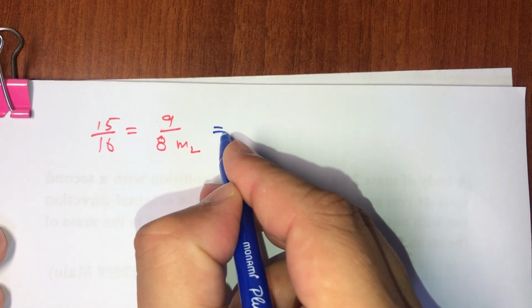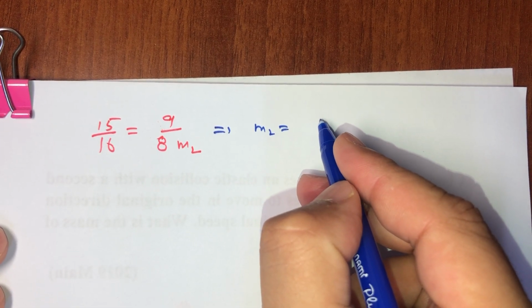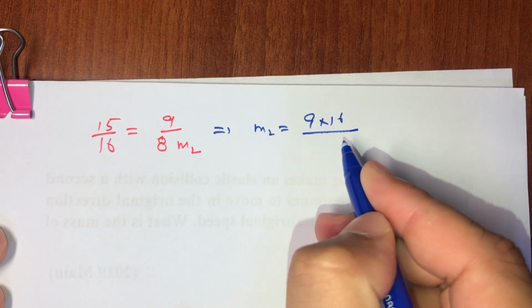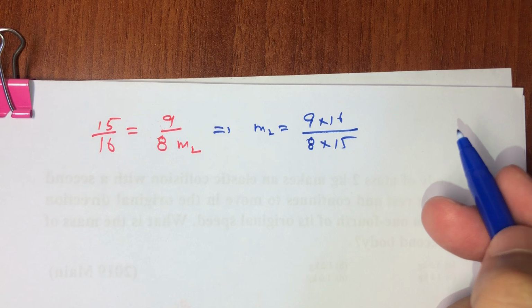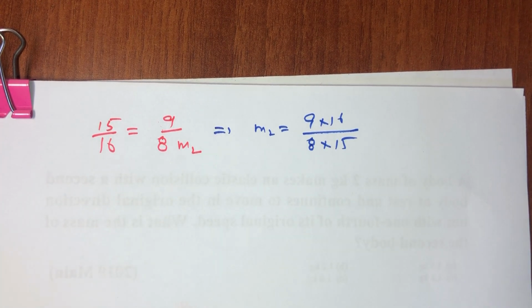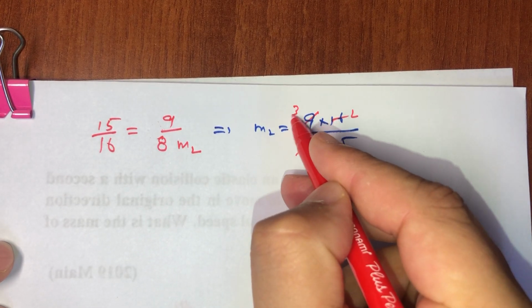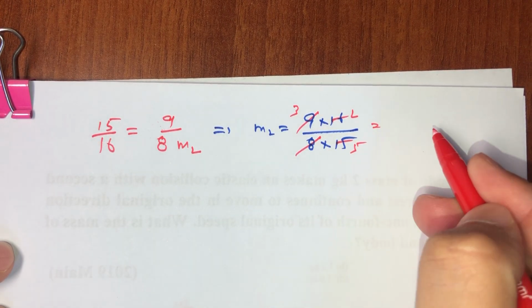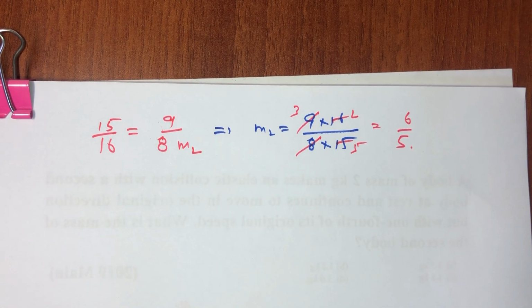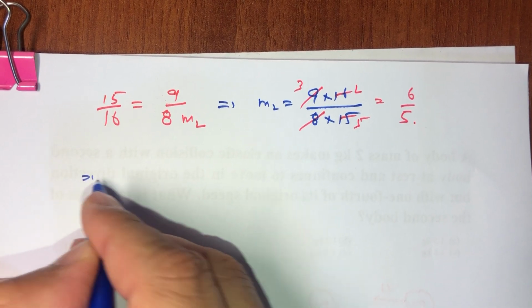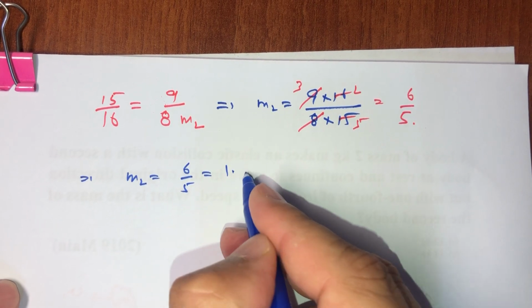So from here we can say our m2 is equal to 9 into 16 divided by 8 into 15, and we can cancel out, this goes by 2 and this goes by 5, so we are left with 6 upon 5. Therefore we can say that m2 is equal to 6 upon 5, which is equal to 1.2 kg.